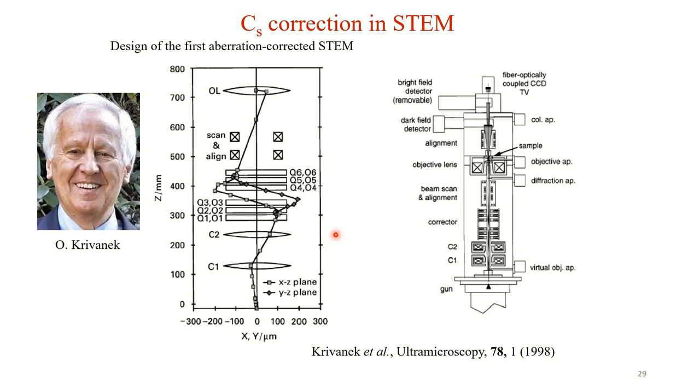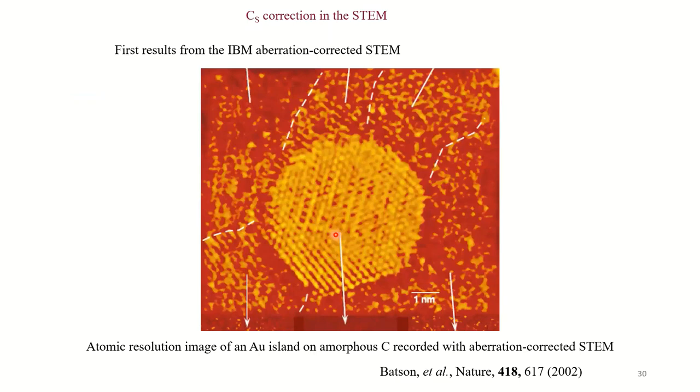So this is the basic principle. And when they imaged with this type of corrector, the probe corrector, which is used for STEM, here you can see a small gold island on the amorphous carbon. And you can still see that you have atomic resolution here. You can see the gold atoms.